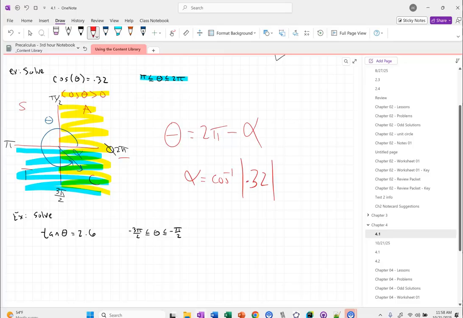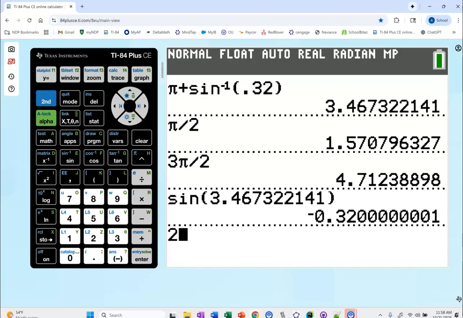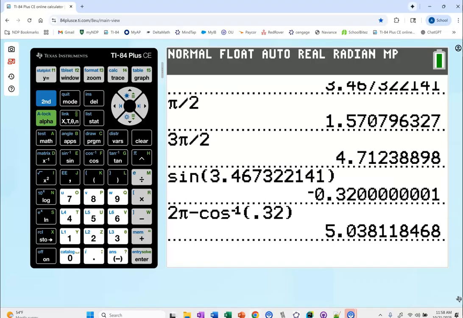Now, do I need to worry about the absolute value really here? No, it's already positive. So, we just go to our calculator, and I'm going to do 2 pi minus cosine inverse 0.32. Again, I did the absolute value in my head. I get 5.03.